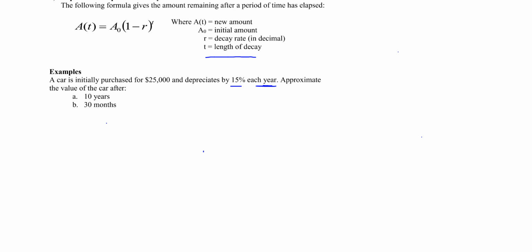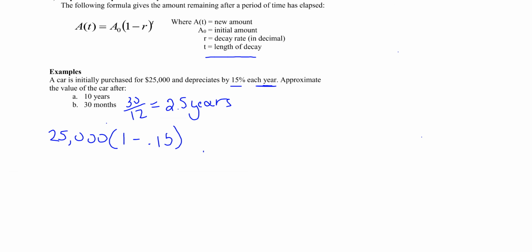The second one, I'm going to take 30, divide it by 12, which are 12 months in a year, and it will give me 2.5 years. And that's what we'll use for our time. So we're going to start off, we had a $25,000 car. That was our initial amount. And then it's going to be 1 minus our depreciation, which is 15%, so 0.15. And then we'll raise it to the first one, 10 years.